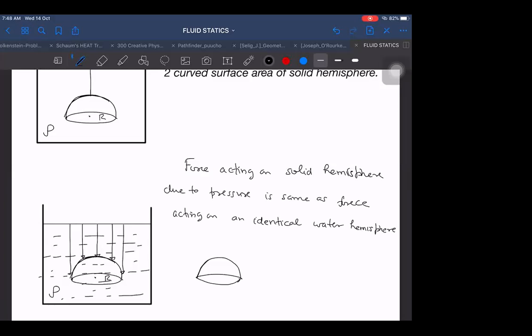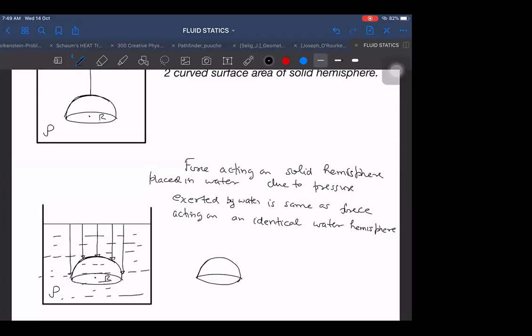Force acting on the solid hemisphere placed in water, due to pressure exerted by water, is the same as force acting on an identical water hemisphere in the same location. Not placed. It is not placed. It is already there.